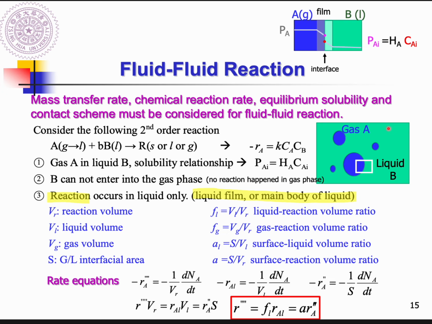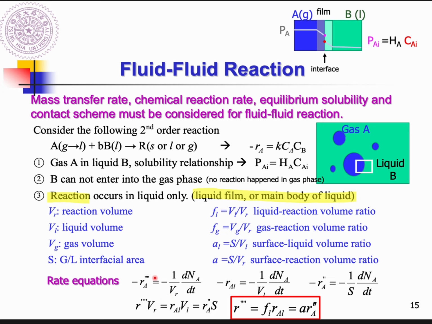And next, because this is a fluid reaction, when we try to describe how fast or how slow it is, usually people will use the unit we call the reaction volume. So it will be the consumption rate of reactant A per reaction volume.